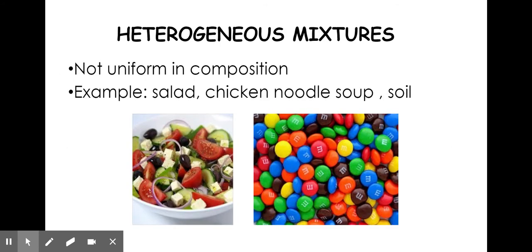Okay. And the other type of mixture is called a heterogeneous mixture. Heterogeneous mixtures are the ones where you simply mix the stuff up and it is not uniformly formed. There are big chunks of stuff in there, like salad, this M&M mixture, and cereal.